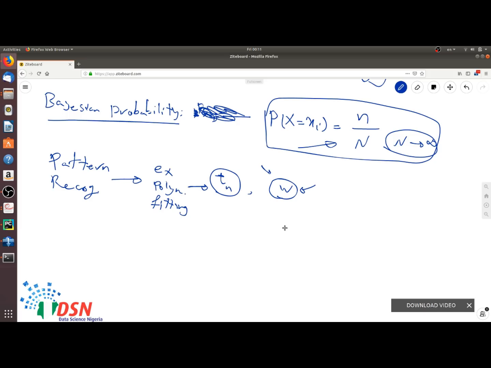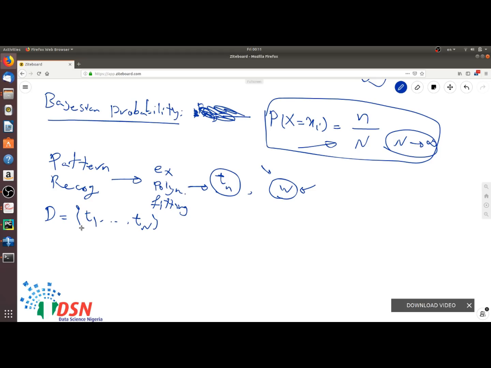We are going to talk about it in a clearer way in some minutes, but for now let me denote the data set as t_1 to t_n. This is the example of polynomial fitting, and these t's are the target values.